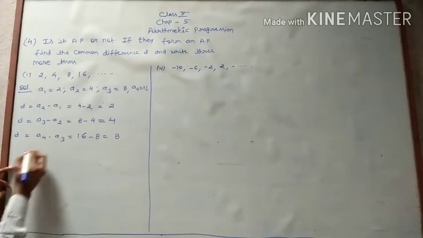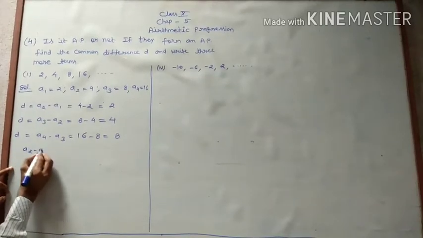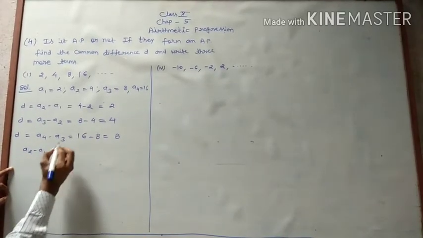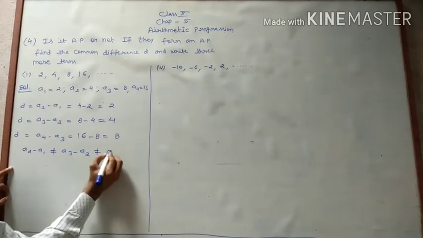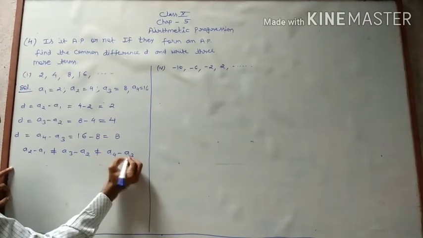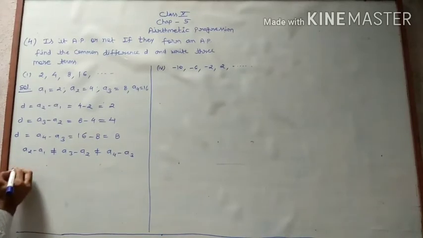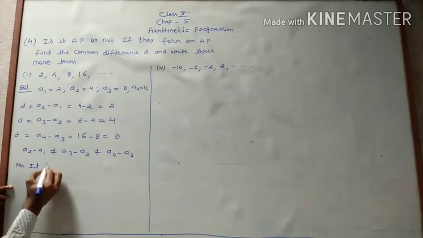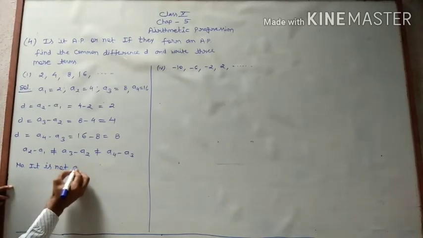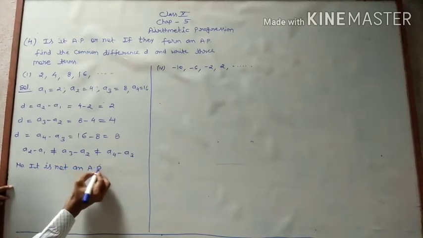So you can write A2 minus A1 not equal to A3 minus A2 and not equal to A4 minus A3. So you can write no, it is not an AP.